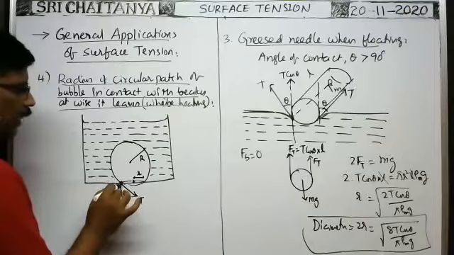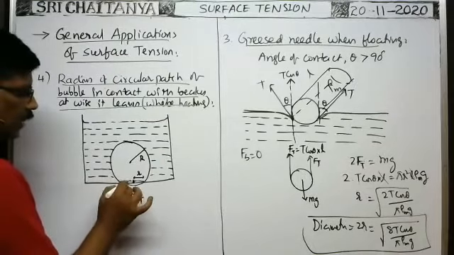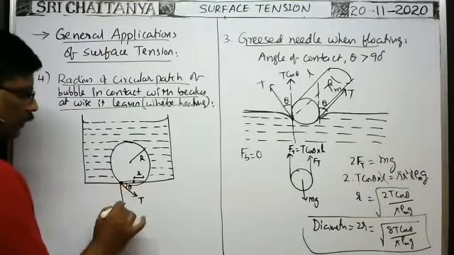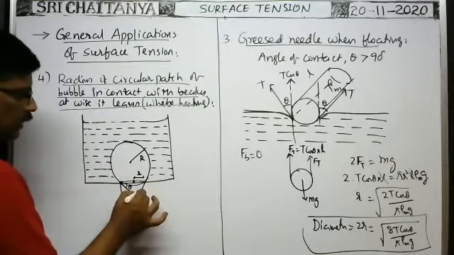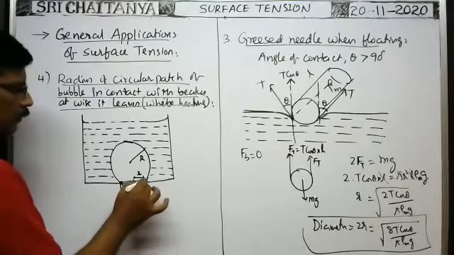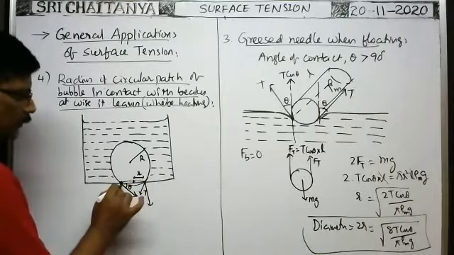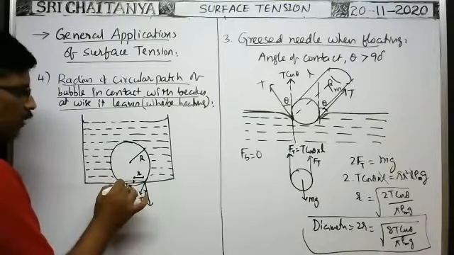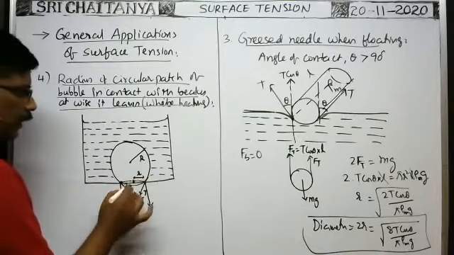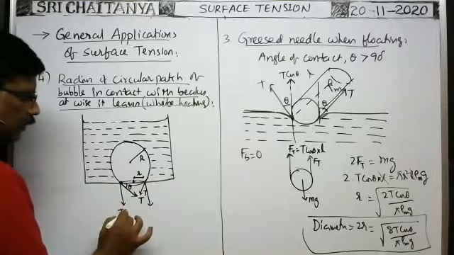Suppose the angle made by the direction of the surface tension with the horizontal is theta. Then here also the force due to surface tension acts in this direction, same component. So the component of surface tension at this point on the circular patch of the bubble in contact with the beaker is T sin theta.